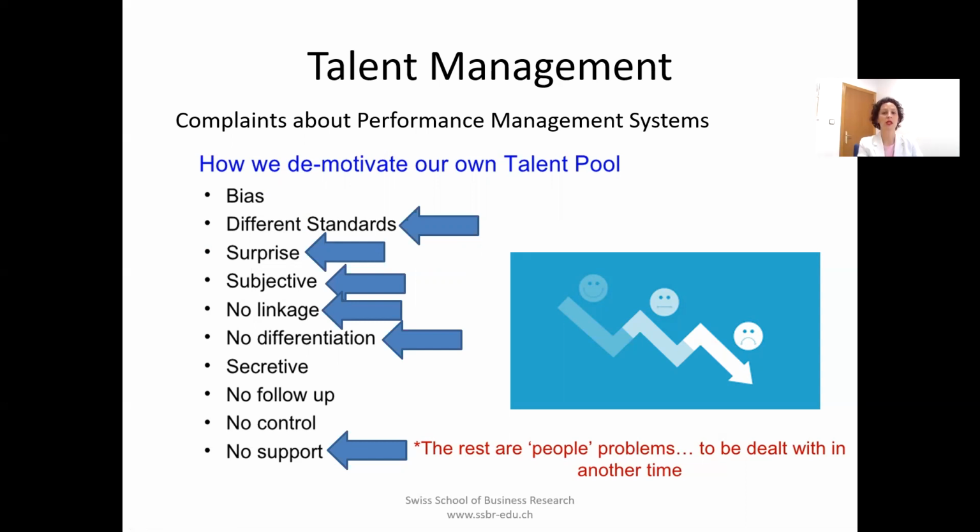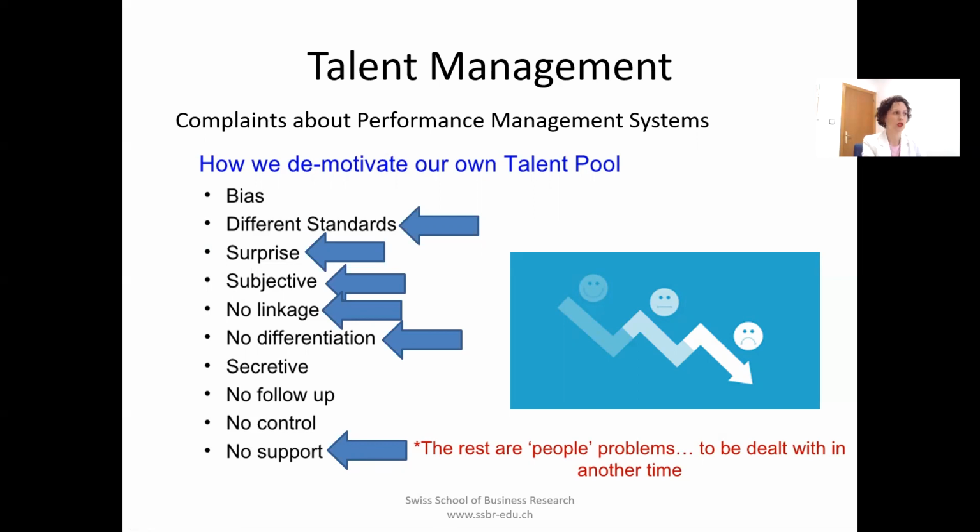No, it has to be neutral and completely objective, so that whether it's Laura Perez evaluating Beatrice or my colleague John Smith evaluating Beatrice, we should have the same evaluation for this person. No linkage, no differentiation, no support. This has to do with us being able to provide tools, provide support, and provide assistance to our different people in the workforce.